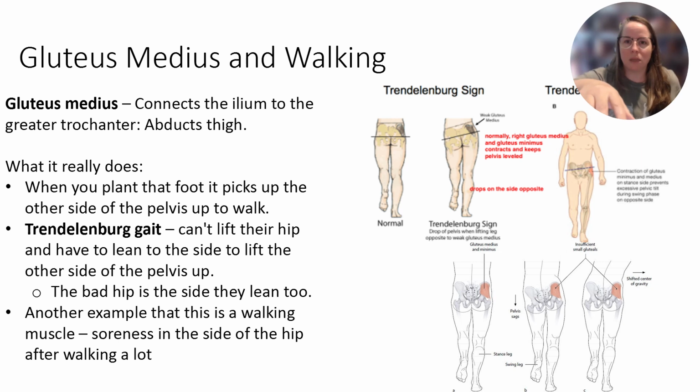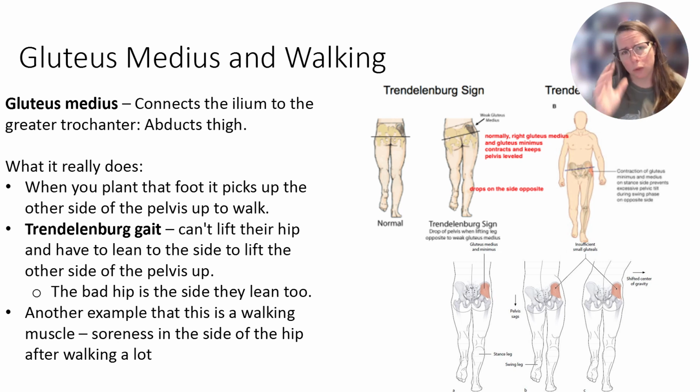So we have to use accessory muscles and motion to help pull that leg forward, okay? So they have this lean to them where they have to swing the leg forward really emphatically. So that's an example of a weak gluteus medius muscle.